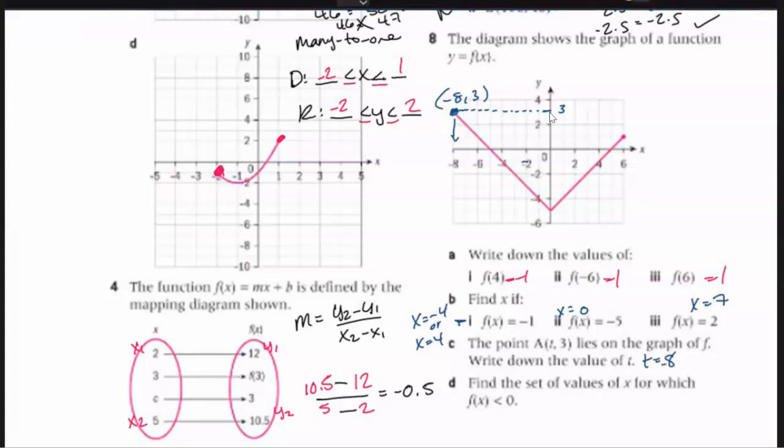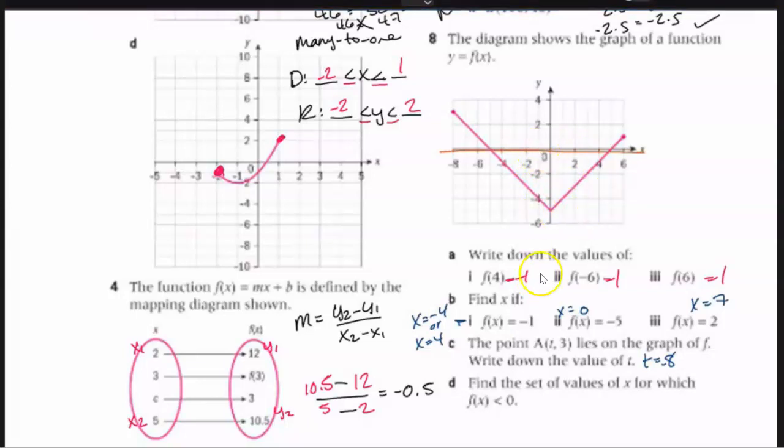And then find the set of values of x for which f of x is less than 0. All this is saying is, okay, find all x values where my f of x, my range, is less than 0. Well, when my range is less than 0, it's all y values below here.